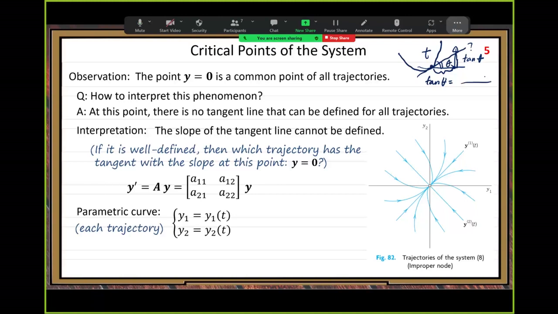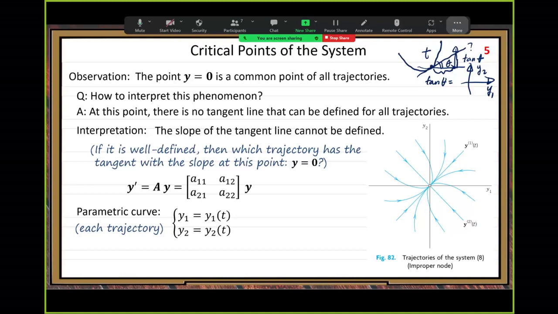Here we are in the y1, y2 coordinate system: the horizontal direction is y1, the vertical direction is y2.